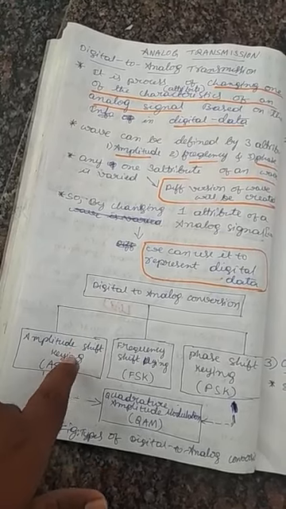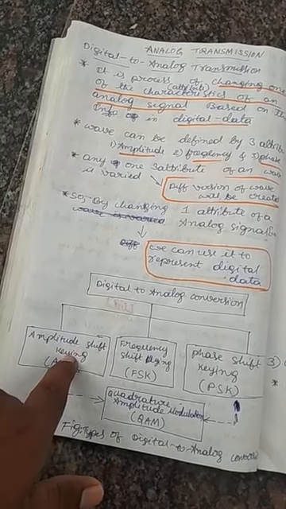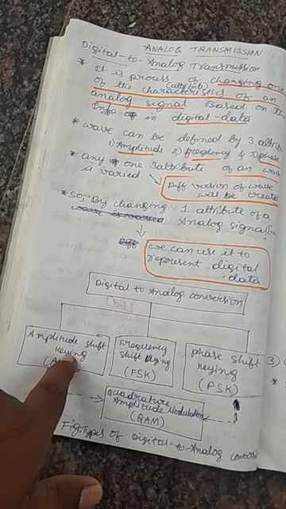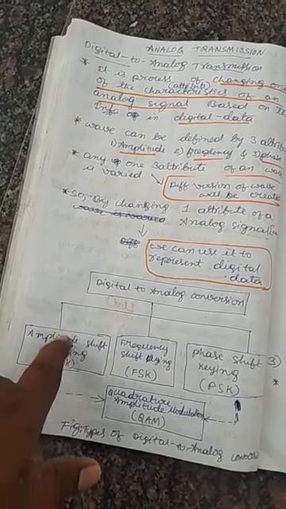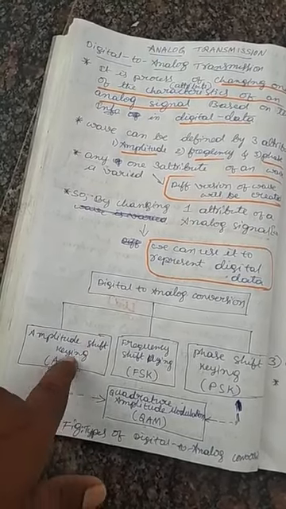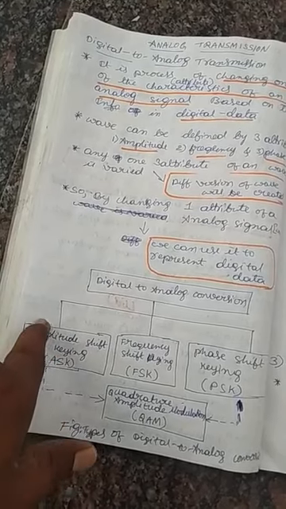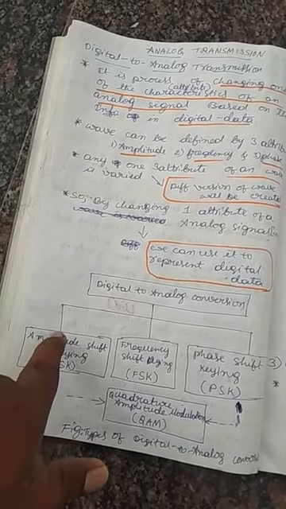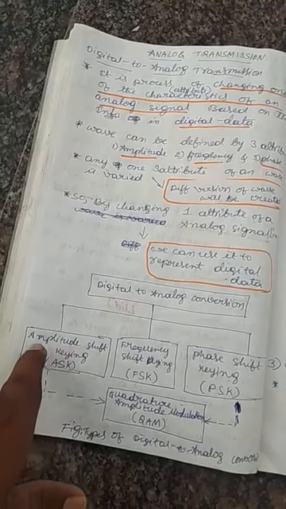Shift key will be another name for the modulation or changing. Amplitude shift key or amplitude change, or we will call it as amplitude modulation.